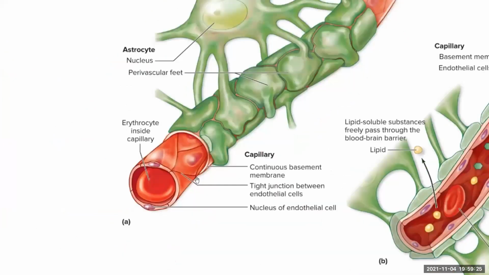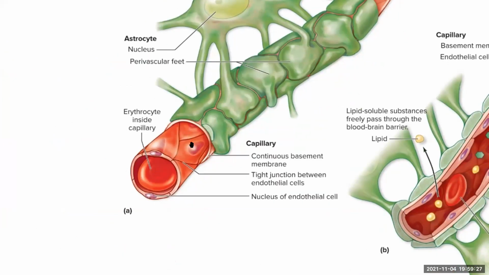You can see how the capillary is made up of all these flattened squamous cells, and in between we'll have all these tight junctions to prevent anything from passing through. And then we have our nice thickened basement membrane, and on the outside of that, we have our perivascular feet. So there's a certain amount of protection going on.